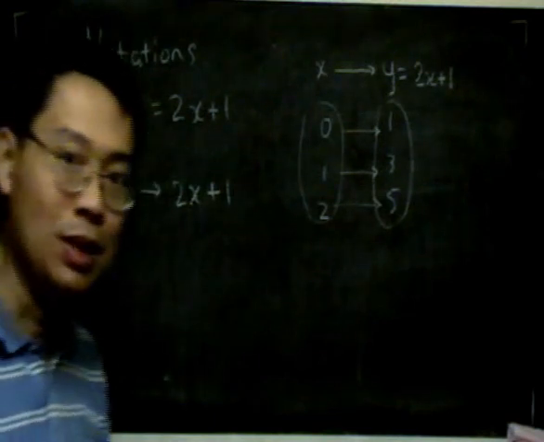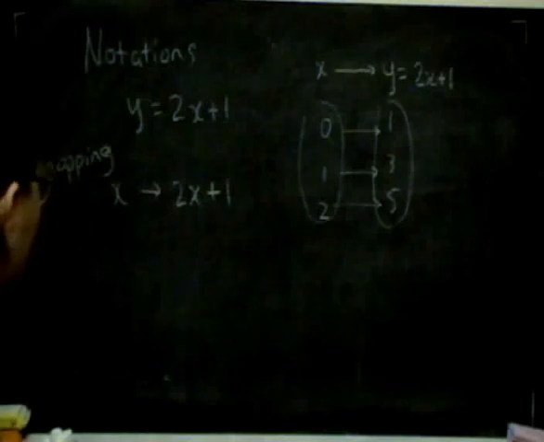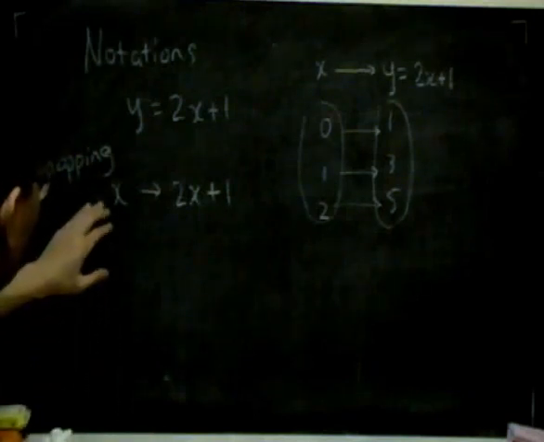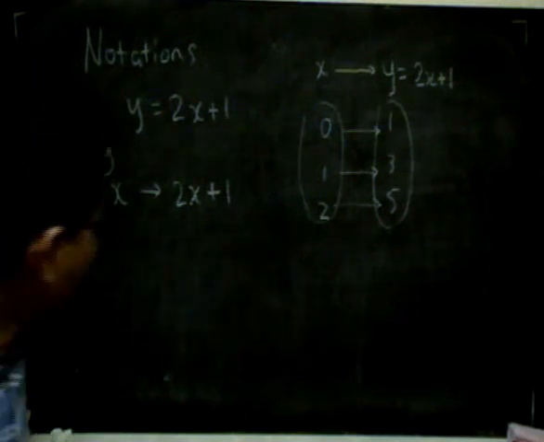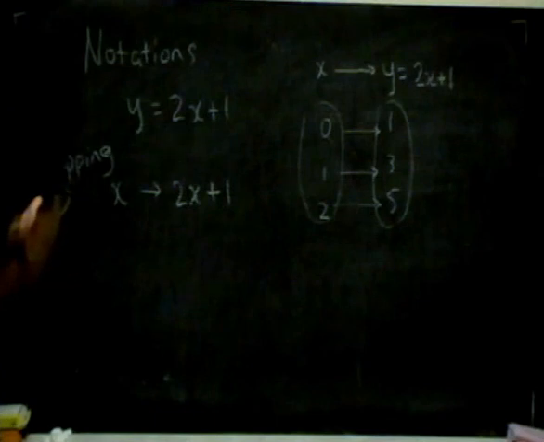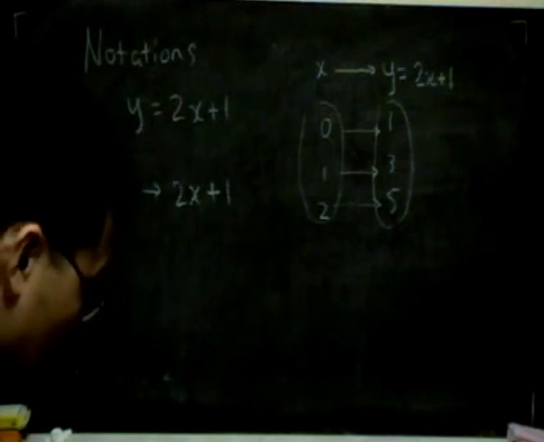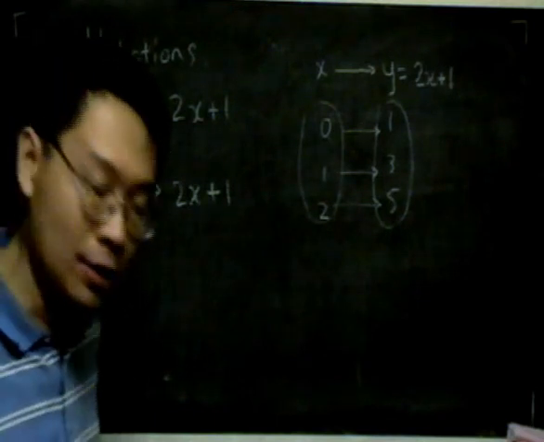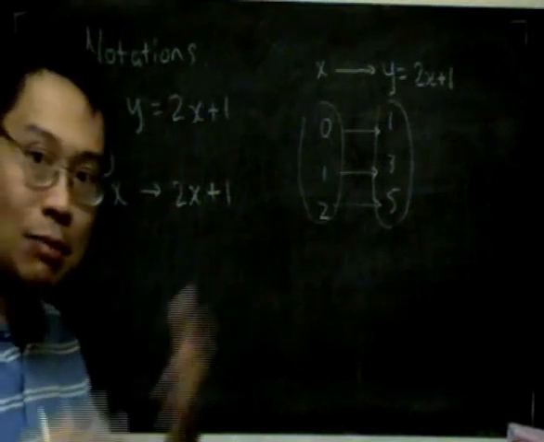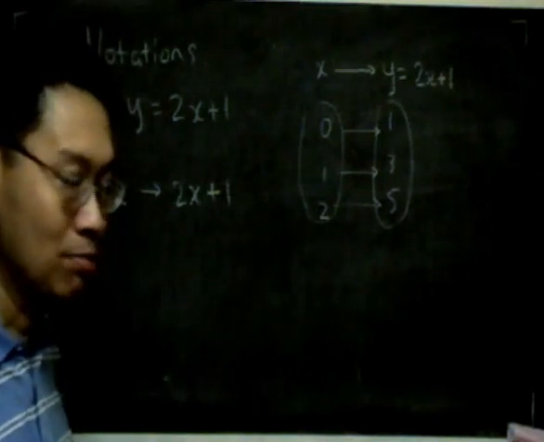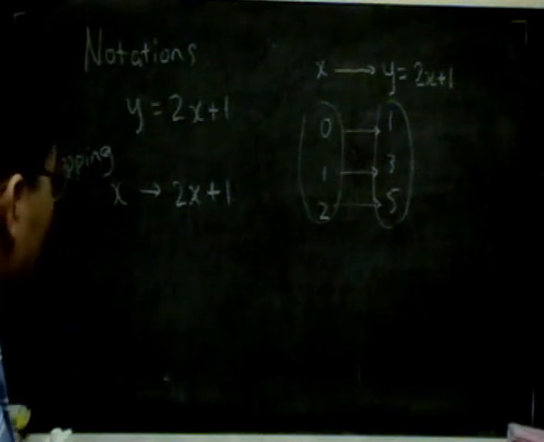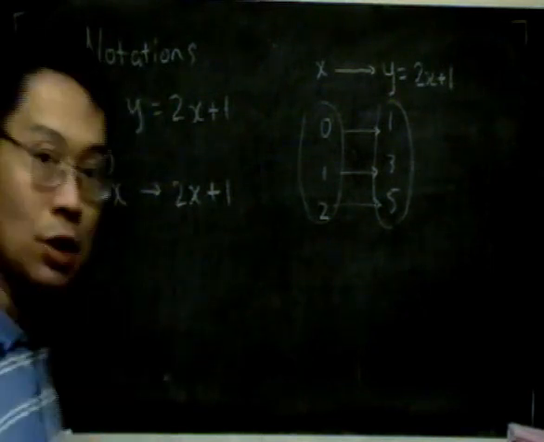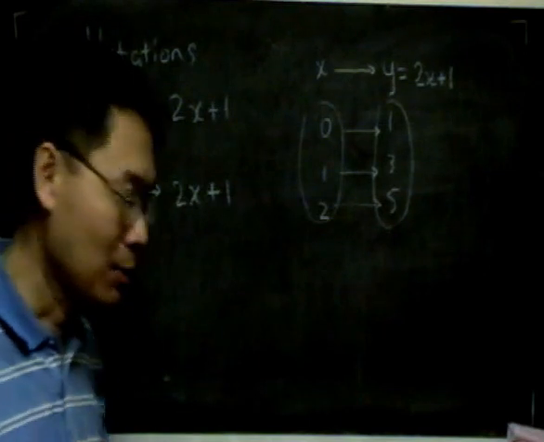Mathematicians come out with all these symbols. And the next thing we need to do is that, as you have seen, I can simply make up any kind of mappings I like just by using different equations.